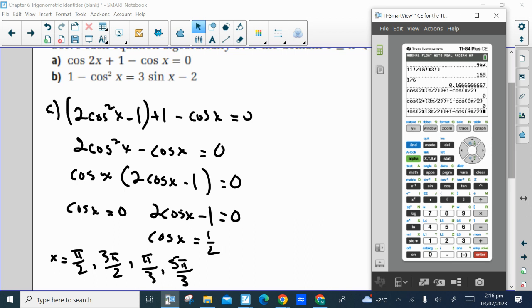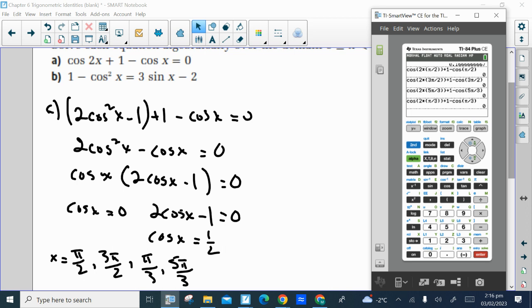I'm going to check 5 pi on 3 first by going back and editing the last one we did. So there's 5 pi on 3 in there, and that one works. And now we'll go back and check pi on 3 just by eliminating the 5 from the last equation. And it works.